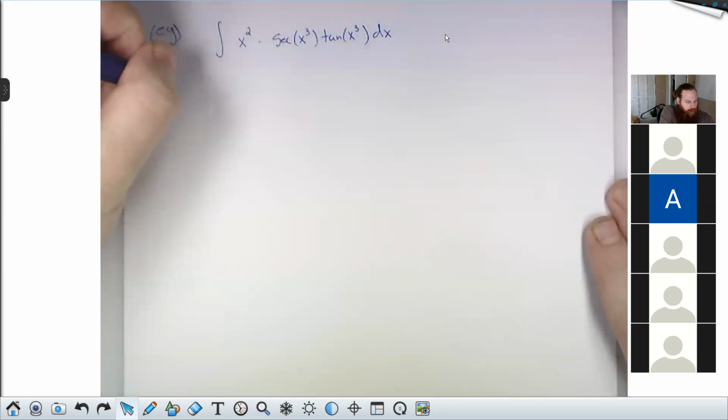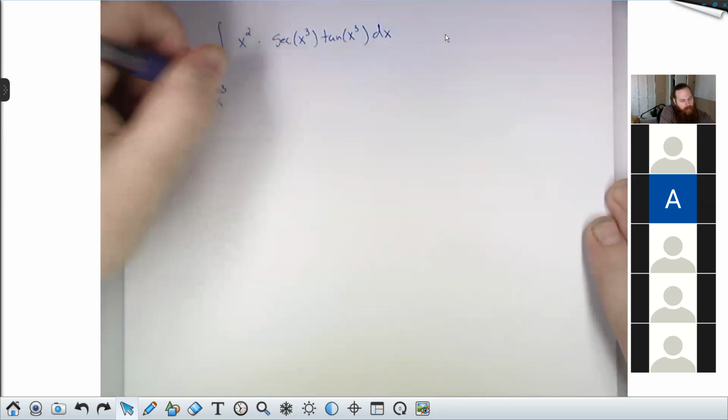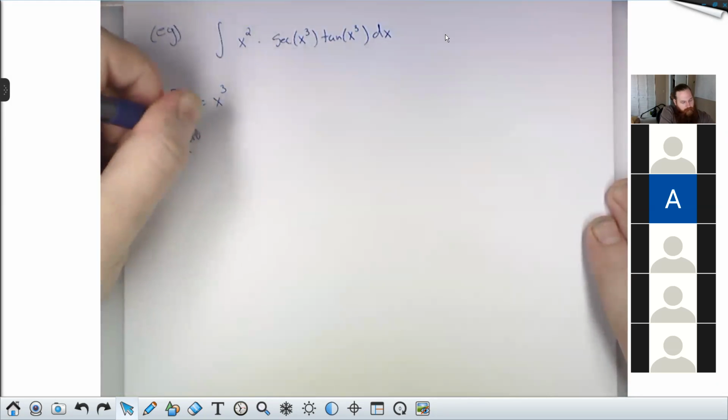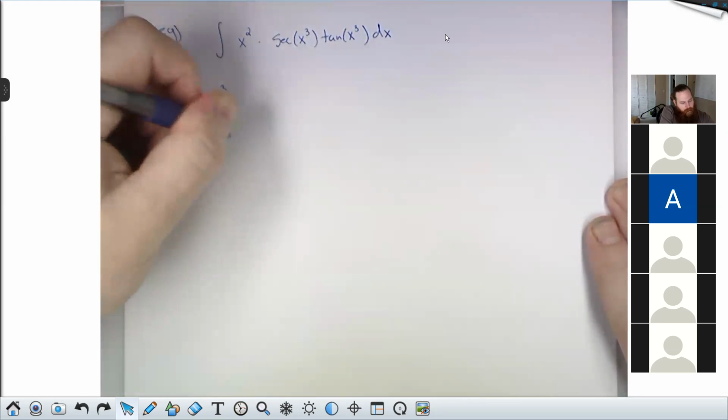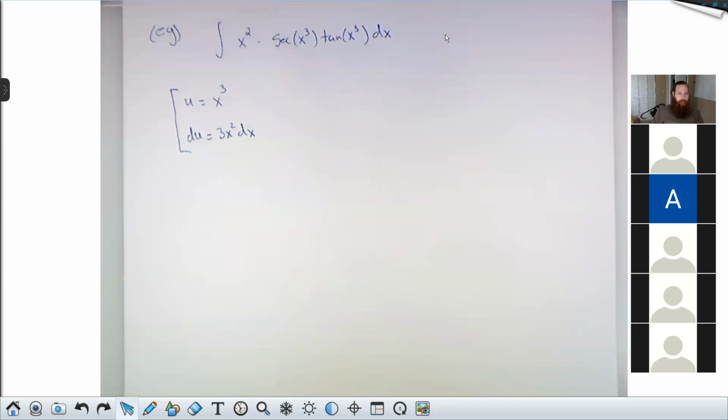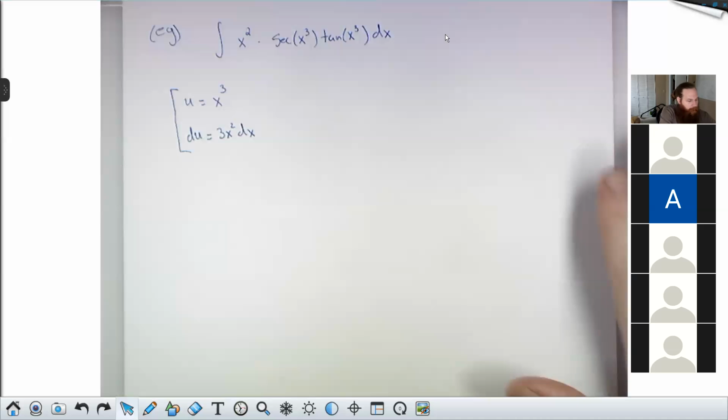So I'll use the letter u one last time here. I'll let u be x cubed. So then du is 3x squared dx. Why is this good news?